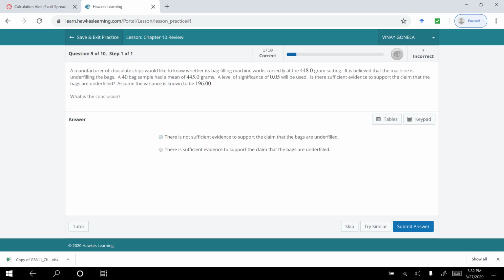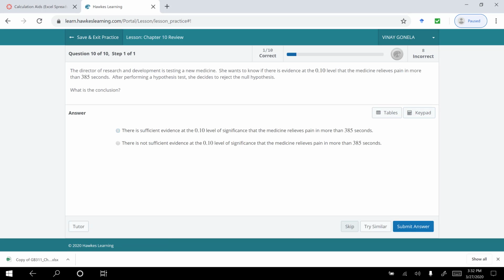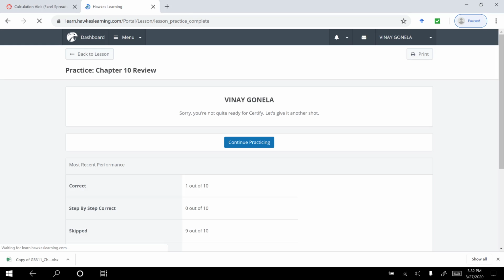Okay, so this problem is a one tail problem because it says underfilling, so I will skip this. We'll skip this also.